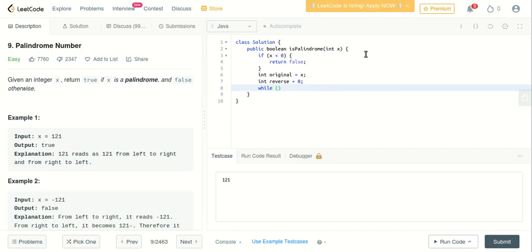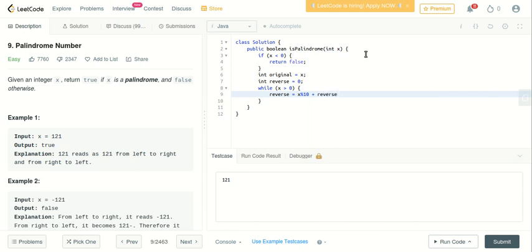So while x is greater than 0, which means we would iterate through it till it becomes 0, we would figure out the last digit of x and we would append it to the right of the reverse.